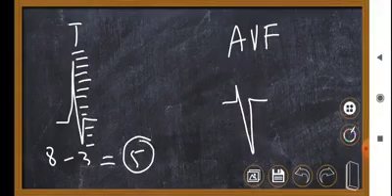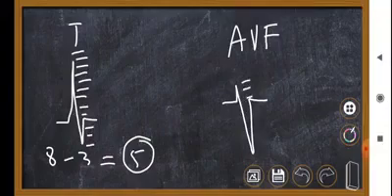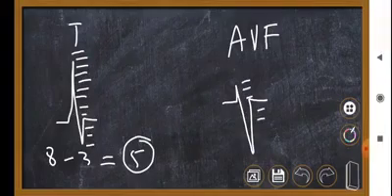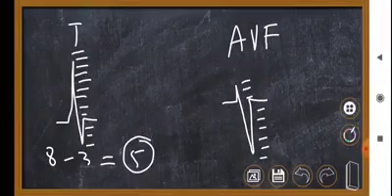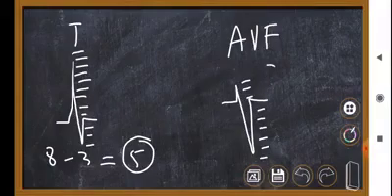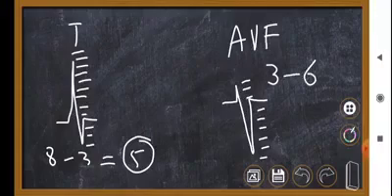Keep it in mind. Again in AVF the R is 1, 2, 3 and S is 1, 2, 3, 4, 5, 6. So it's 3 minus 6. So it's minus 3.